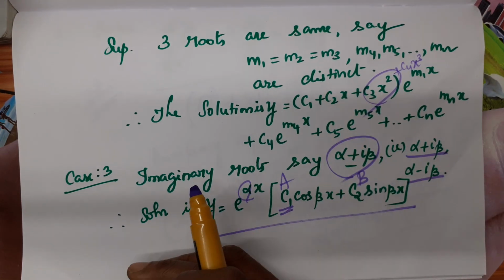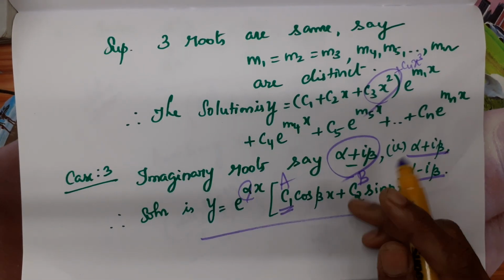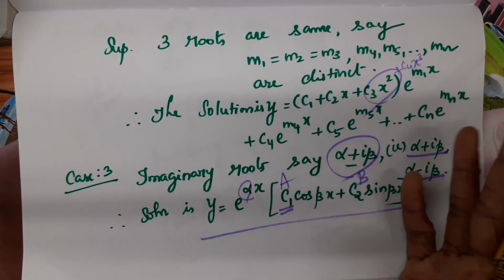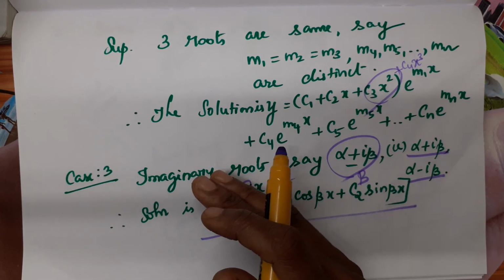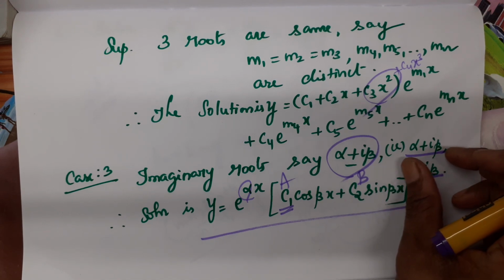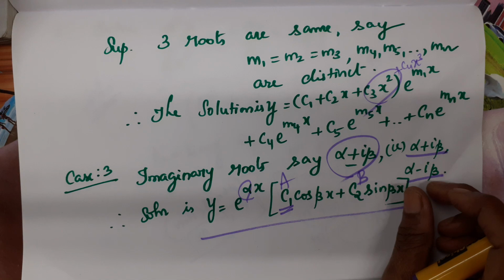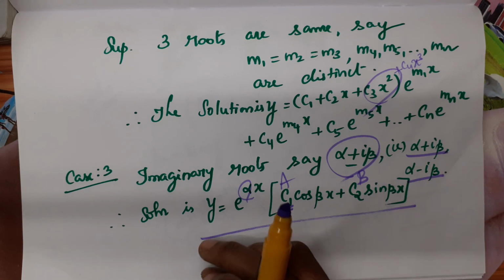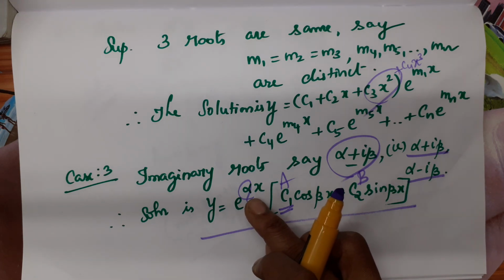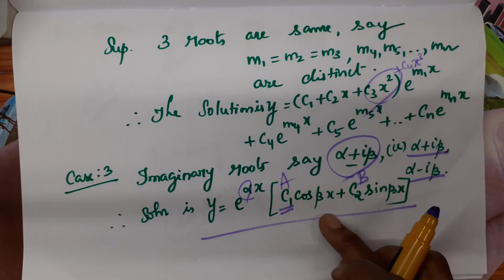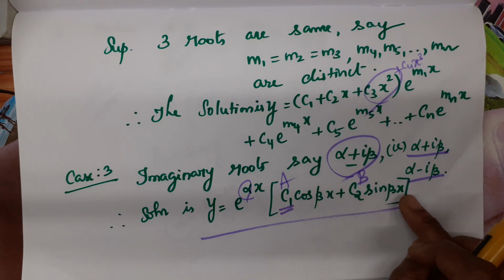The next case is if the roots are imaginary. Imaginary means like alpha plus i beta. I'm sorry, not repeated, they are imaginary roots. So the first root is alpha plus i beta, the second one is alpha minus i beta. How to write the final solution? y is equal to e^(alpha x), alpha means the real part, into (c1 cos beta x plus c2 sin beta x).